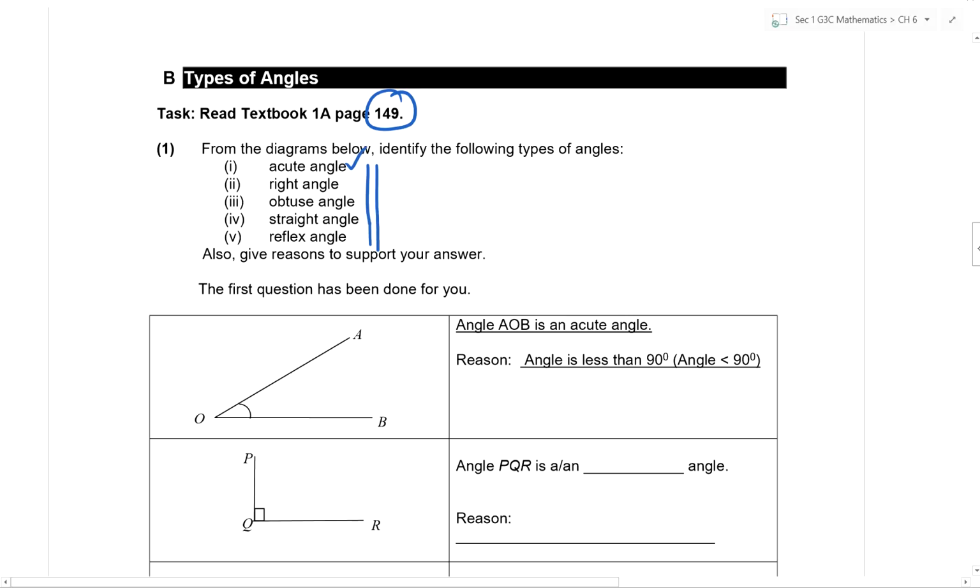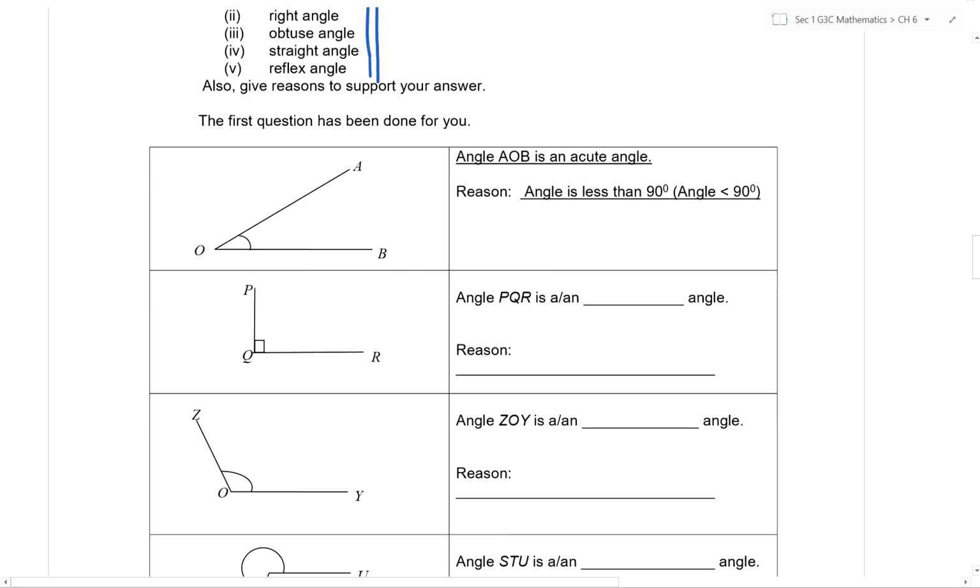The next angle we need to be familiar with is a right angle. This is angle PQR. Over here, this angle is a right angle. The reason is that angle PQR is 90 degrees.